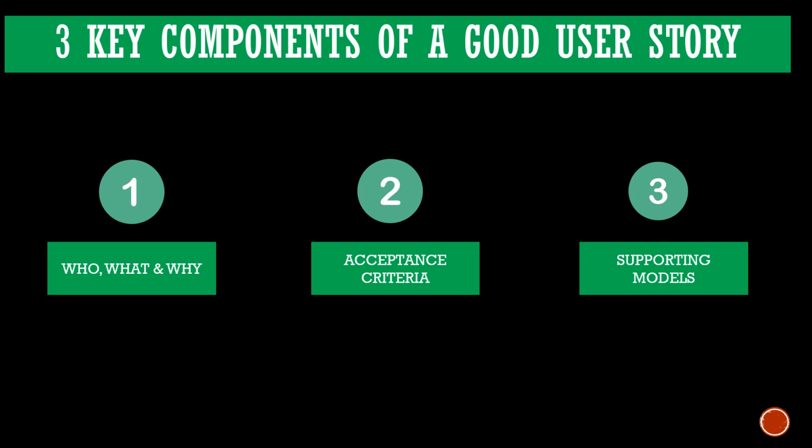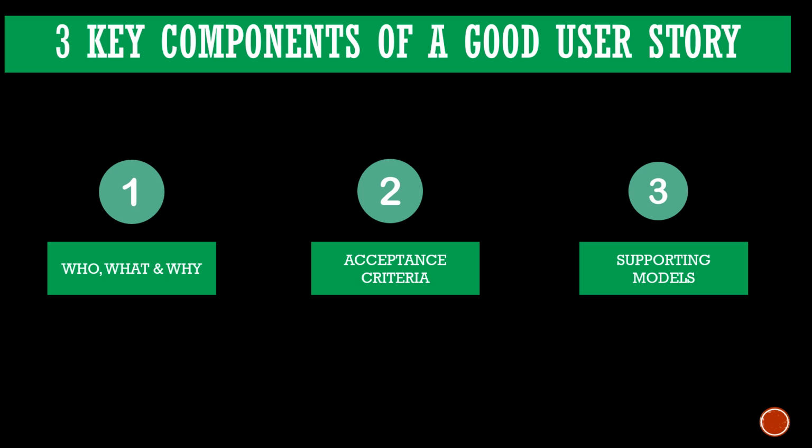Component number 3, supporting models. These are some supporting documents or analysis models like screen mockups, process flow, screen navigation flow, data models, business rules. These are some artifacts which can be added to the user story, which provide more context, background and information to the development team and also to the testing team.